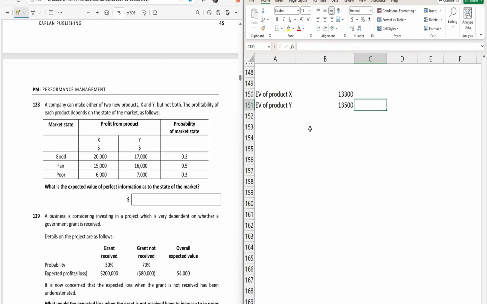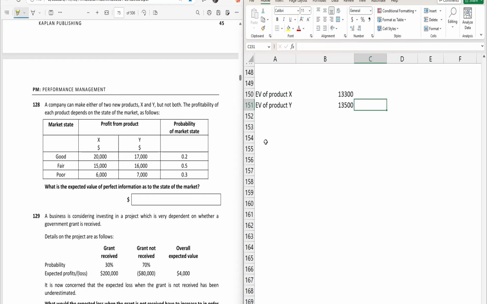Now we will calculate the expected value with profit information. If we have profit information, we will choose product X in the good market state, with probability 0.2. In the fair market state, we will go with product Y because it has the higher profit, multiplied by 0.5. Again in the poor state, we will go with product Y because of the higher profit, and the probability is 0.3.